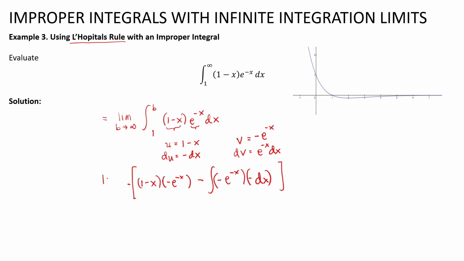Then I'm going to have the limit as b approaches infinity. All right, so this gives me the limit of b approaches infinity of 1 minus x, and then negative e raised to the negative x. Then I have negative e to the power of x dx.